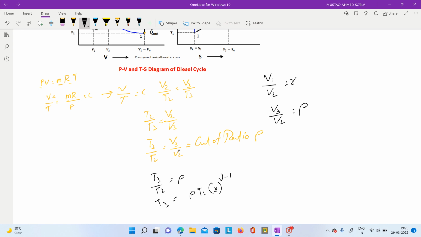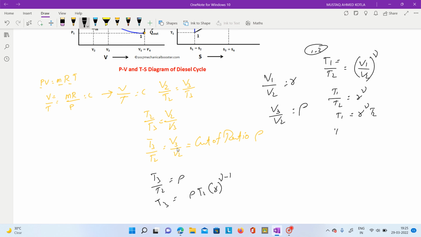From the first equation, T1 by T2 equals V1 by V2 whole power gamma minus 1, for the process 1 to 2. T1 by T2 equals r power gamma minus 1, so T1 equals r power gamma minus 1 times T2.